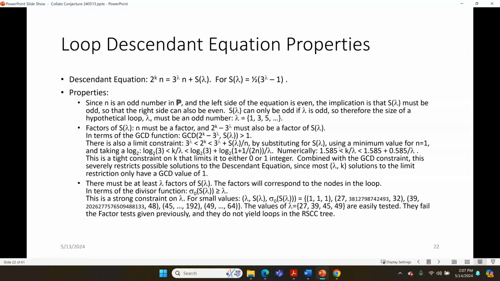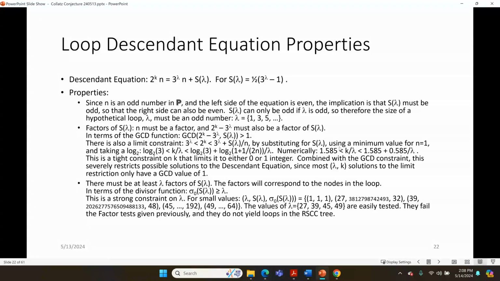Basically, k over lambda is a very tight approximation to the log to the base 2 of 3, which would be 1.585 and so forth. We can make this constraint tighter and tighter by using larger values for n as a minimum value for the possible loop numbers.